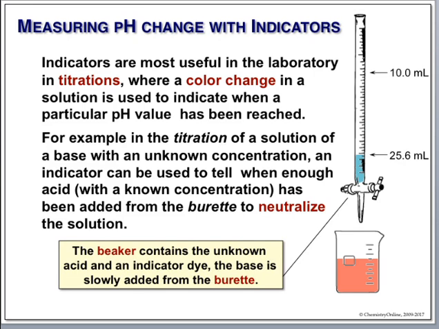Look at your initial reading, your final reading. This tells you what volume you've added, and that allows you to calculate concentration. Once again, this is a staple in general chemistry. You will do titrations all the time. Any question on the concept here?